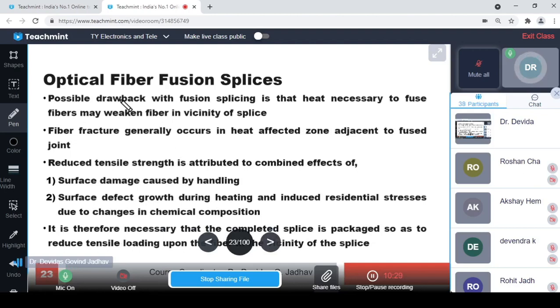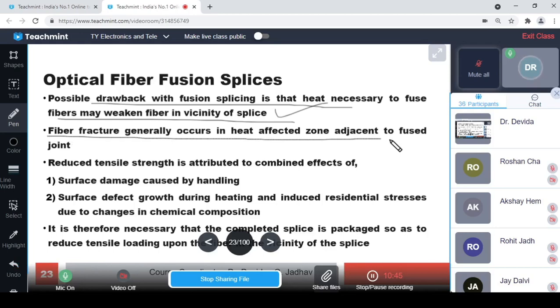A possible drawback with fusion splicing is that the heat necessary to fuse the fiber may weaken the fiber in the vicinity. In the close area, that fiber may be weakened. So fiber fracture generally occurs in the heat affected zone adjacent to the fused fiber. The reduced tensile strength is attributed to the combined effect of surface damage, surface defect growth, and the introduction of residual stresses due to changes in chemical properties.